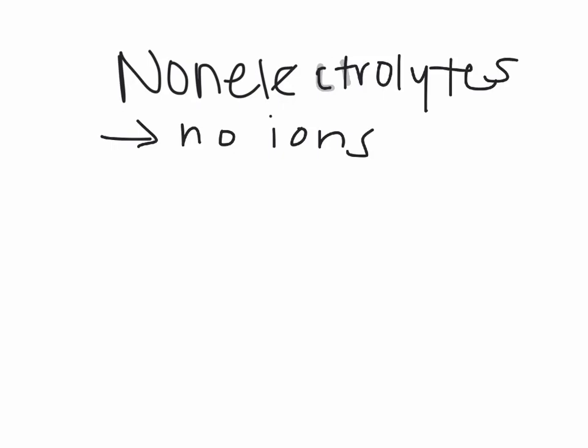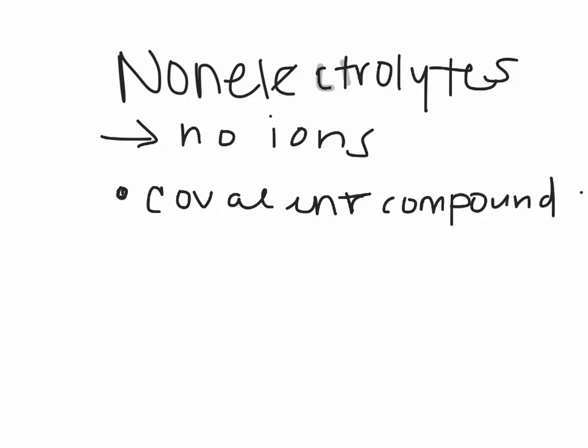Remember, covalent is between 2 nonmetals, and so our non-electrolytes are going to be mainly our covalent compounds. Just to refresh you guys, I know you probably get tired of the refreshers, but I gotta drill this in your head. Our covalent compounds are going to be between 2 nonmetals. They don't form that cation-anion relationship that we're looking for.